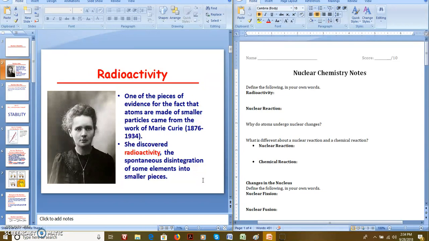We learned that when you create elements, it goes through a process called fusion, where two small elements become one big element. Well, this one is where you take one element and you break it down into two smaller elements. That's what radioactivity is. It's the process of that breaking down of elements. And Marie Curie was an amazing woman, and she was the one that actually discovered radioactivity.